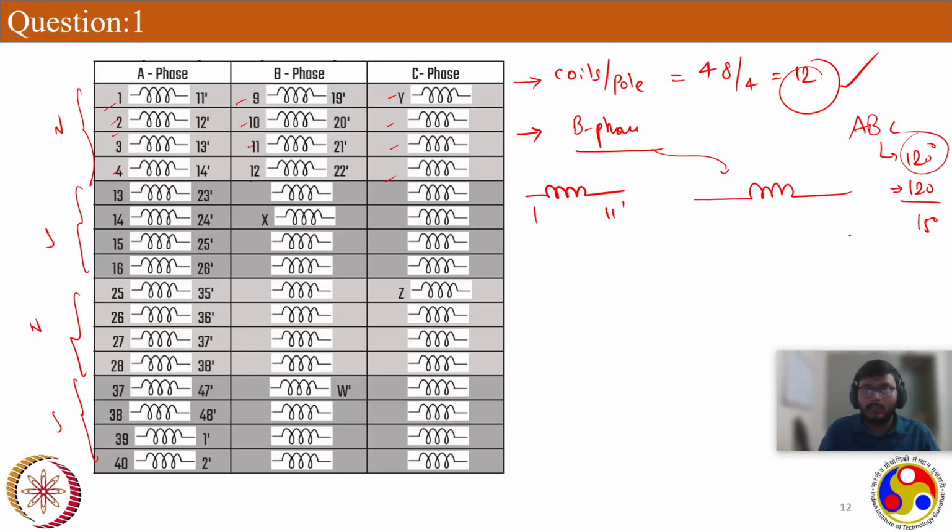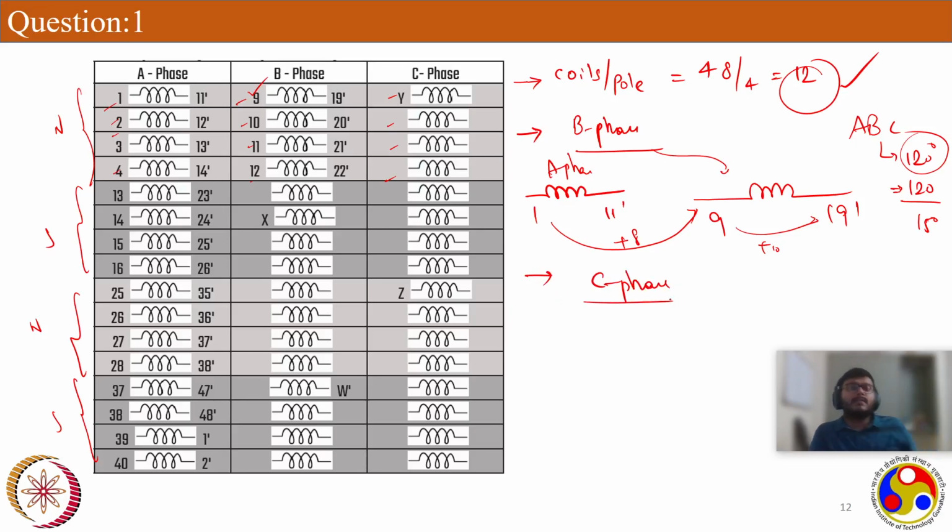It's 8. So if I place coil number 1 in A phase, I will have to place my coil in B phase starting from slot 9. So is it matching with the diagram? It is matching. What is the coil span? Coil span will always be the same. It's 10, so it's 19 dash. Now what will be the C phase starting?